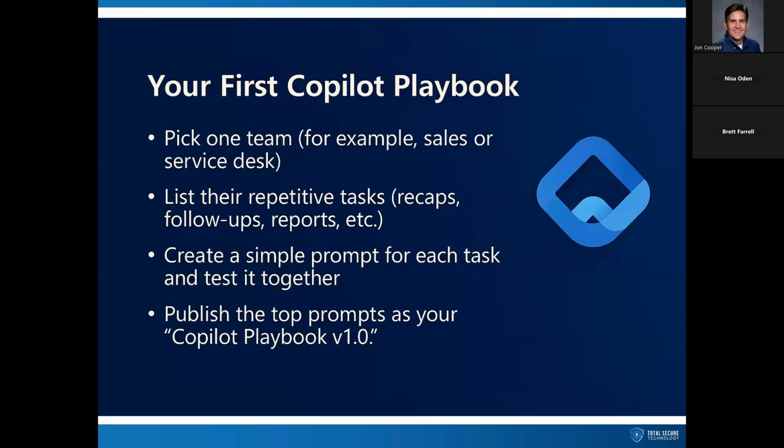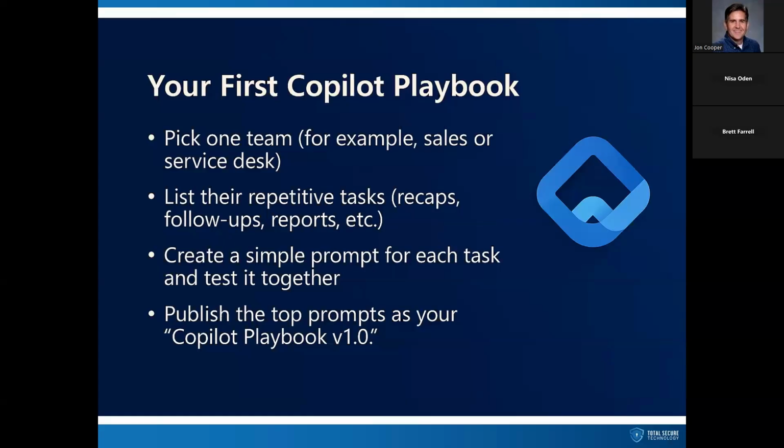So we want to start with those prompts that are going to get you further faster. We want to decide as a team what those prompts will look like for each department. And then once you've got a small set that works for a particular department, you publish that as a Copilot sales playbook version 1.1 that the team can leverage.